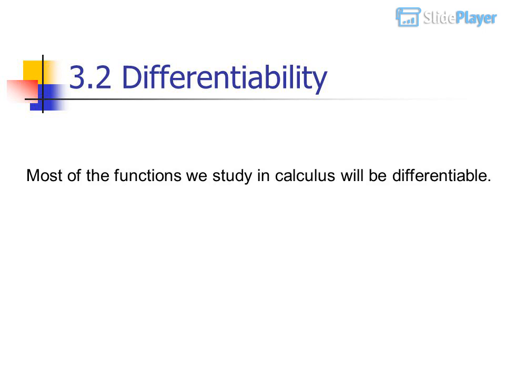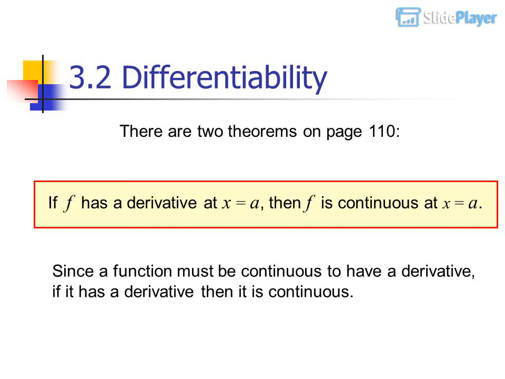Most of the functions we study in calculus will be differentiable. There are two theorems on page 110. If f has a derivative at x equals a, then f is continuous at x equals a. Since a function must be continuous to have a derivative, if it has a derivative then it is continuous.